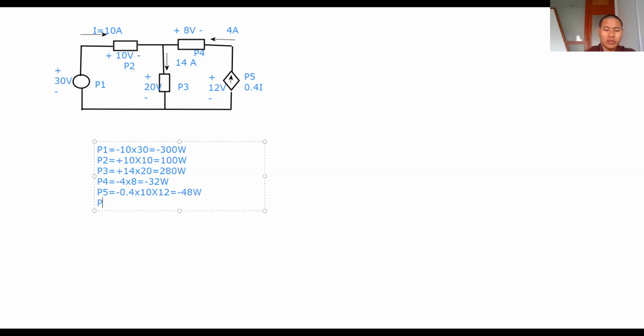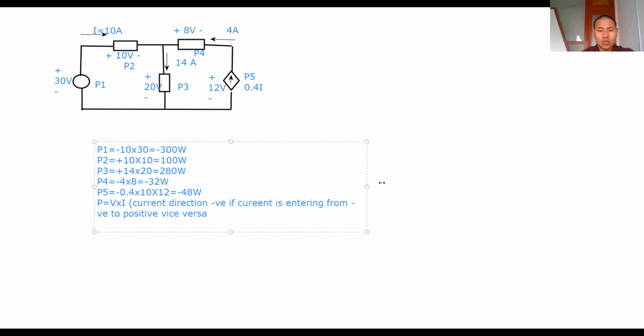The formula that I have used is P equals V times I. For the current direction, we give negative if the current is entering from negative to positive, and vice versa, which means we give positive if the current is entering from plus to minus.